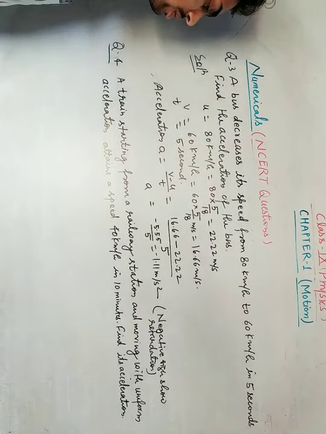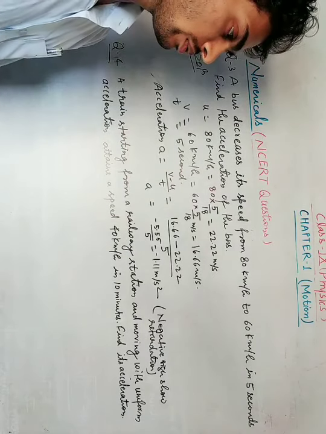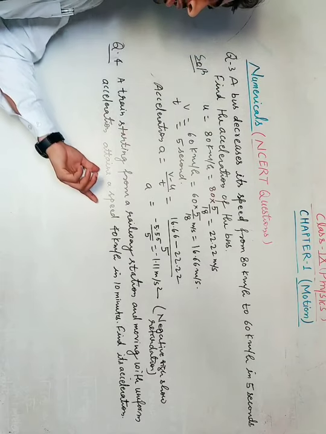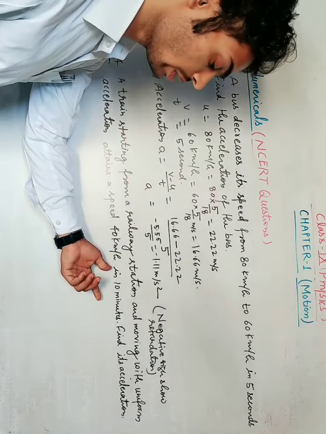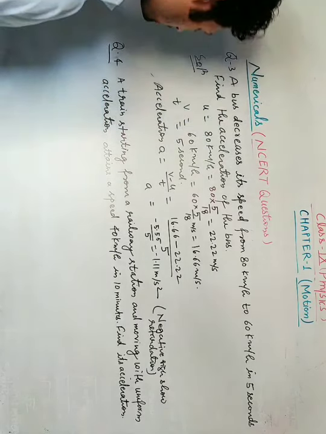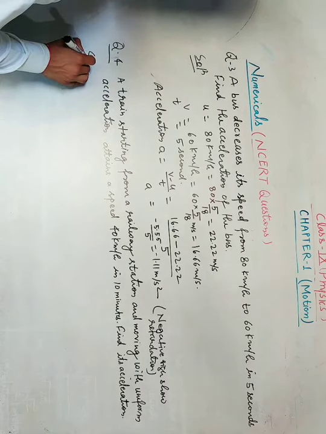And next, a train starting from a railway station and moving with uniform acceleration attains a speed of 40 km per hour in 10 minutes. Find its acceleration. Solve the same way.